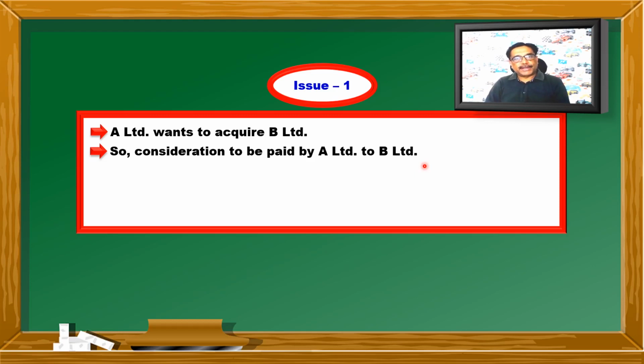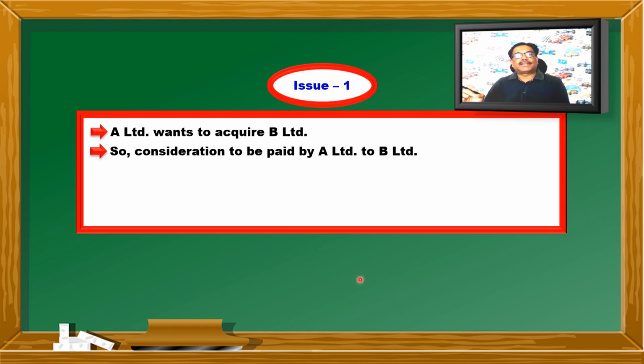What does it mean? For the purpose of determining the consideration, we have to learn how to calculate the value of a business, in this case the value of which company? B Limited. Not only B, suppose for the purpose of acquisition, A Limited would issue shares to the shareholders of B Limited.